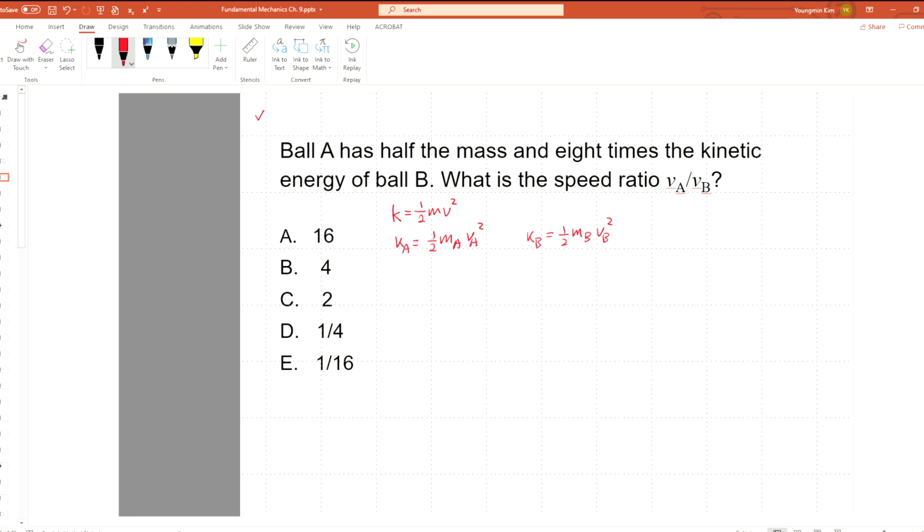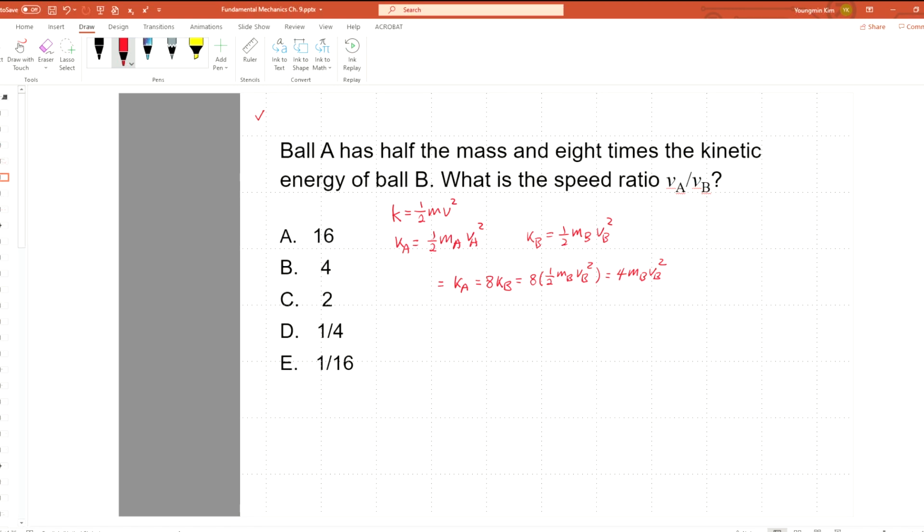So we're given two pieces of information here. First of all, ball A has 8 times the kinetic energy. So KA is equal to 8 times KB. That's the second part, right? 8 times the kinetic energy of B, which is equal to 8 times 1/2 MB VB squared, which is 4 times MB VB squared.